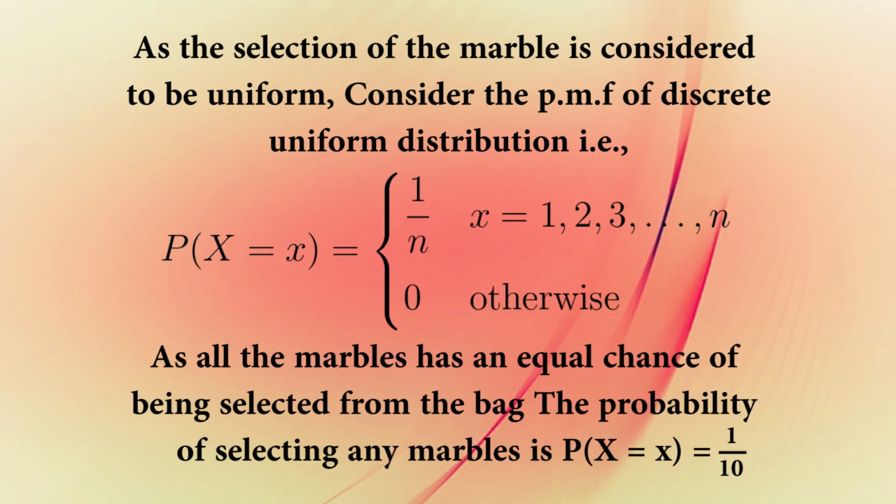Now, as all the marbles have an equal chance of being selected from the bag, the probability of selecting any marble is probability of X equal to x is equal to 1 by 10.